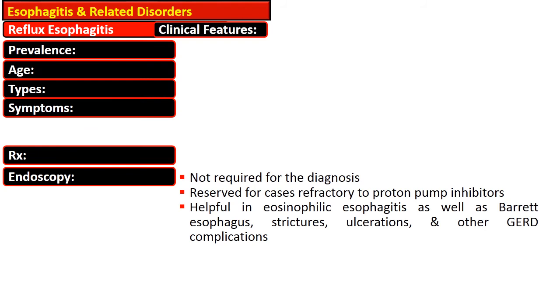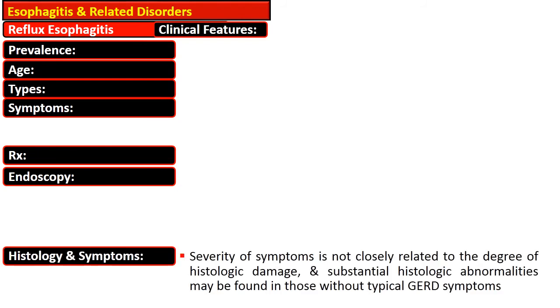Endoscopy is more helpful in eosinophilic esophagitis as well as in Barrett's esophagus, strictures, ulceration, and other gastroesophageal reflux complications. The presence of symptoms and the histological picture are not closely related, as substantial histological abnormalities may be found in those without typical gastroesophageal reflux disease symptoms.